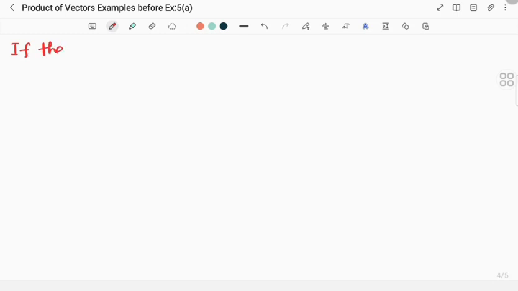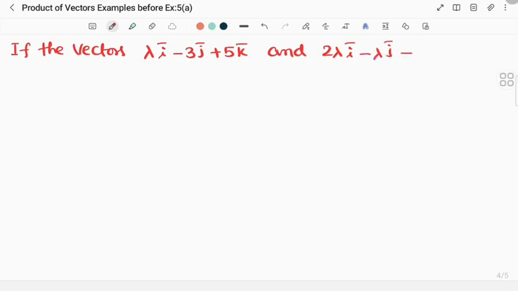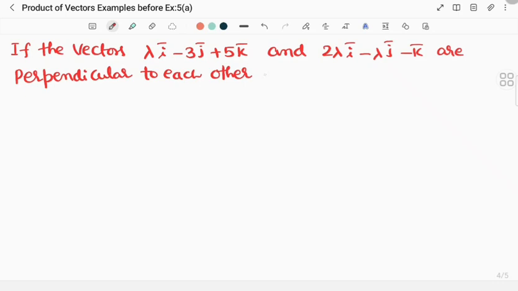If the vectors lambda i minus 3j plus 5k and 2 lambda i minus lambda j minus k are perpendicular to each other, find lambda.